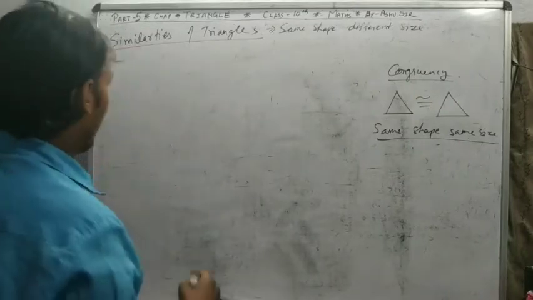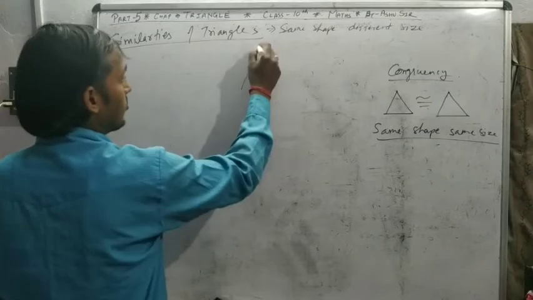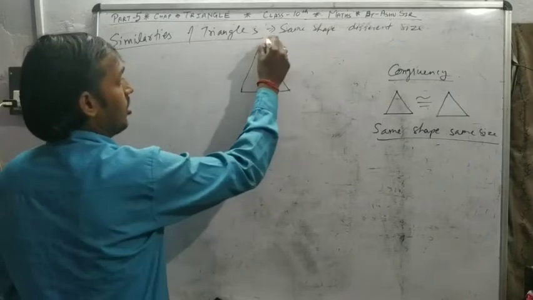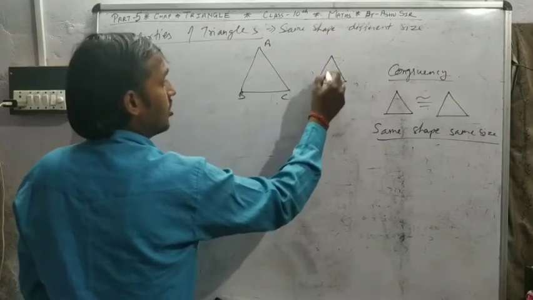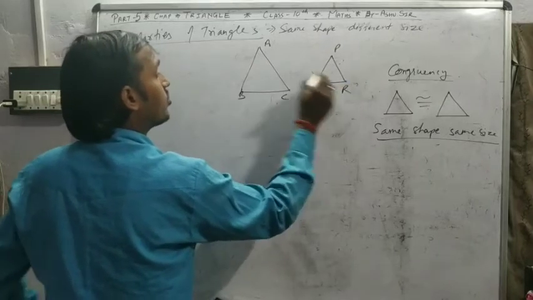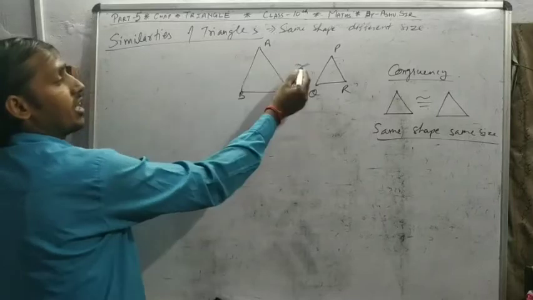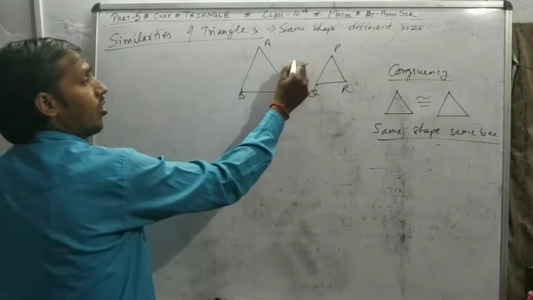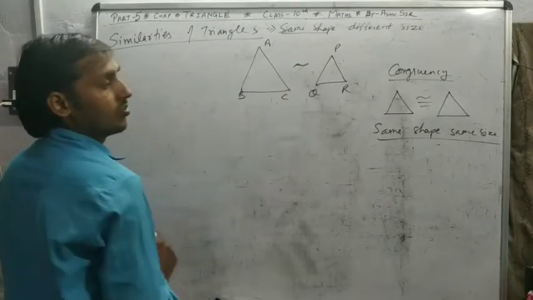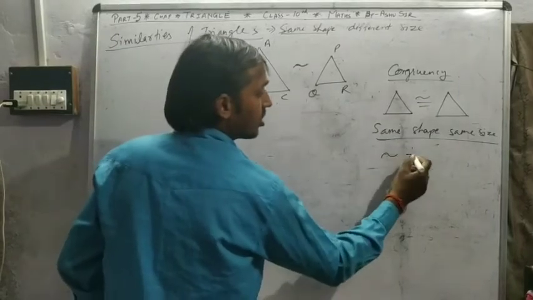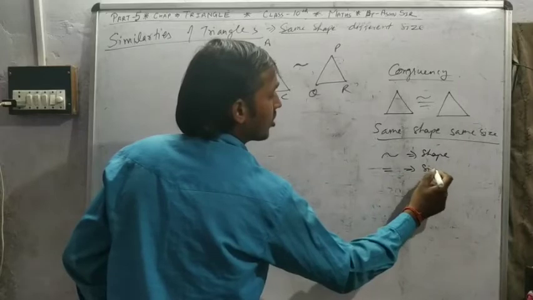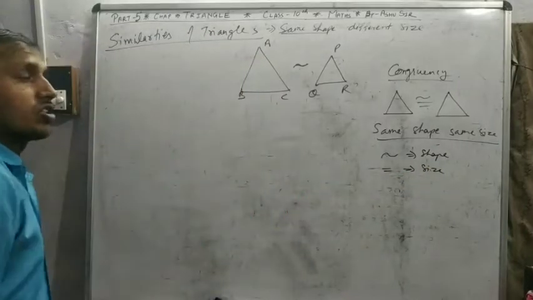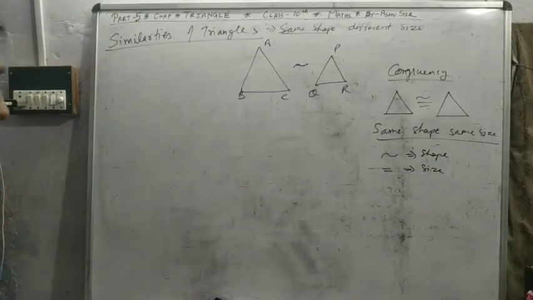Means if I say triangle ABC and triangle PQR are similar, this is the sign of similarity. Only the same shape, and this is for shape and this is for size. So there is only same shape.